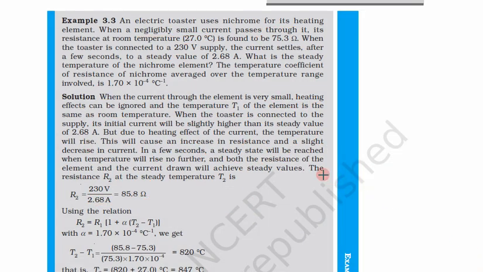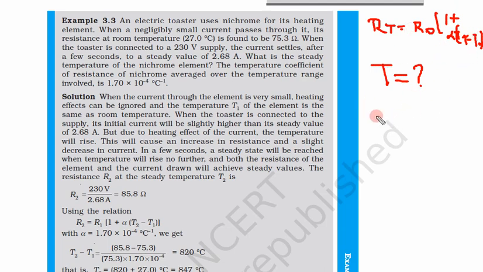So let us do the calculation. The formula has become R of T is equal to R0 into 1 plus alpha into T minus T0. Now we have to calculate this T. So let us readjust this formula.